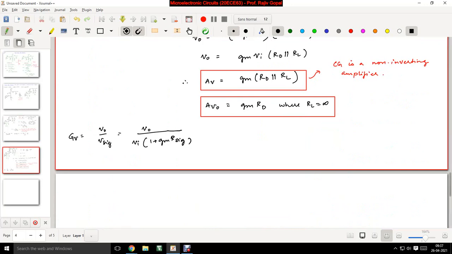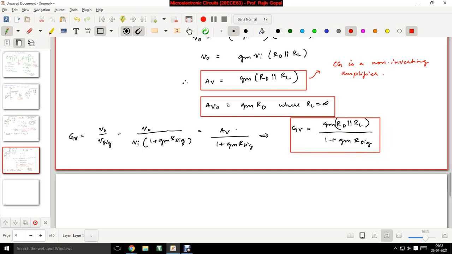V naught by Vi is Av, divided by 1 plus Gm into R signal. So that should give Gv as Gm into RD parallel RL divided by 1 plus Gm into R signal. This is the overall gain you have. Clear?